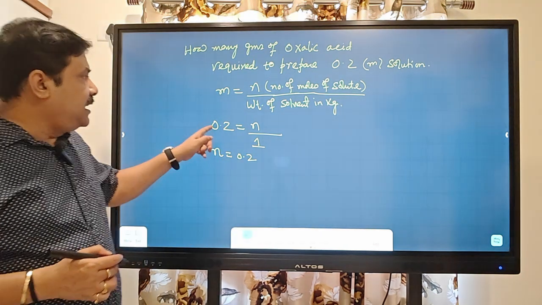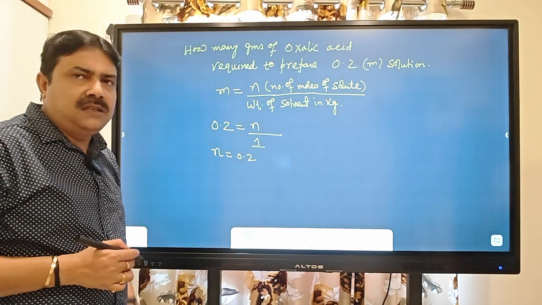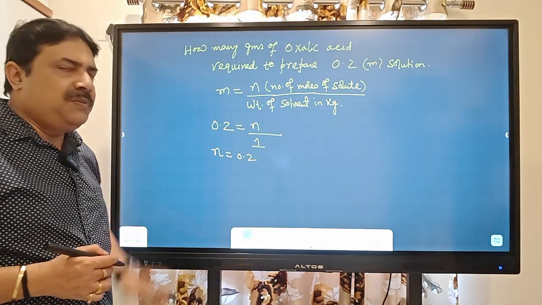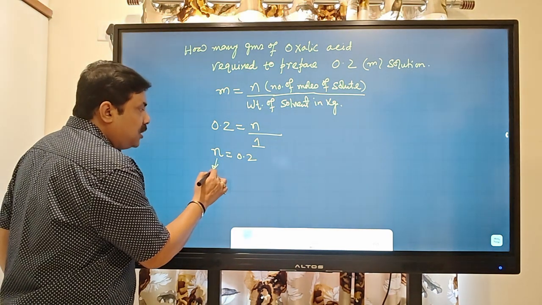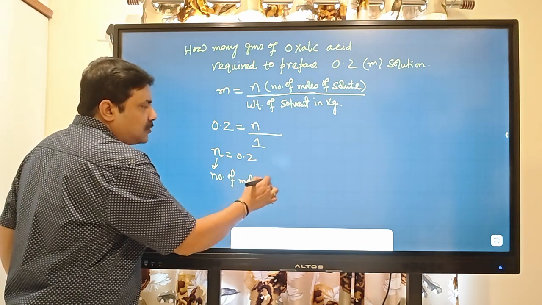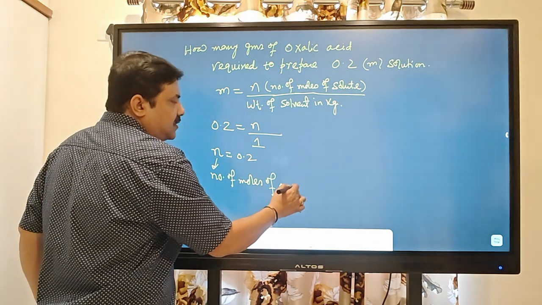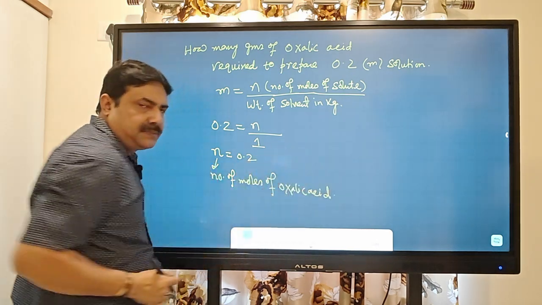This number of moles of solute means the number of moles of oxalic acid. Yes or no?